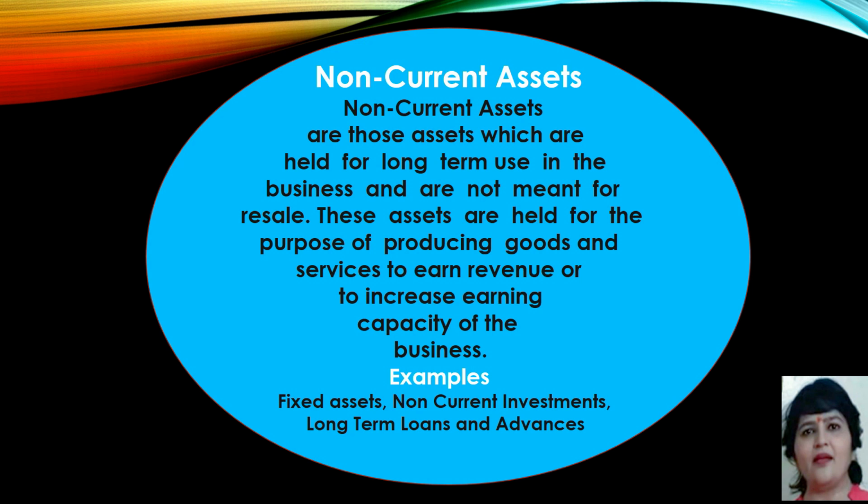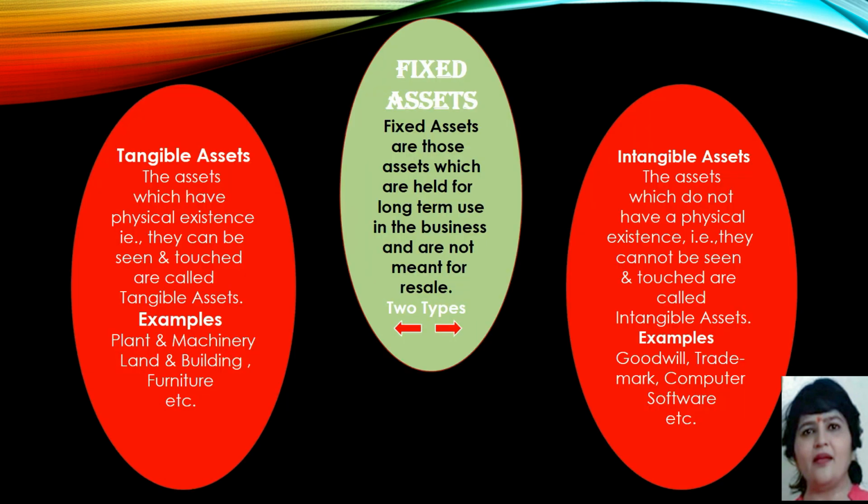Now, let us understand the meaning of fixed assets. Fixed assets are those non-current assets which are held for long-term use in the business and are not meant for resale. I repeat again, fixed assets are those assets which are held for long-term use in the business and are not meant for resale.